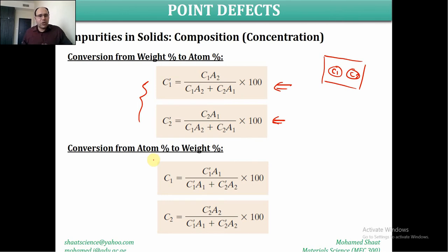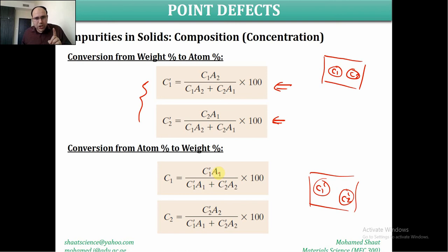How about if we would like to convert from the atom percent to the weight percent? It means that the alloy was given also as two elements, but the concentrations C1 dash and C2 dash, the concentrations in terms of the atom percent, were given to you. So you're gonna use almost the same expression, but observe the subscripts. When we convert from the weight percent to the atom percent, we are swapping these subscripts 1 2 between the atomic weight and the concentration, but here we are keeping the same subscript.